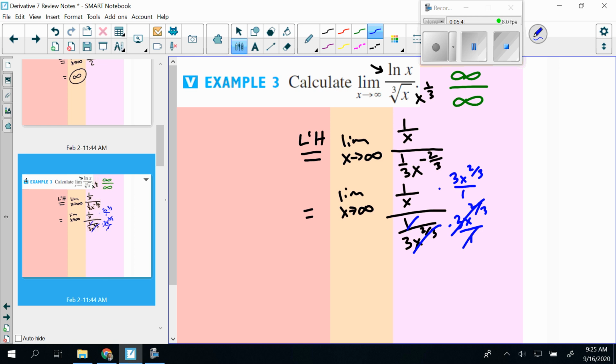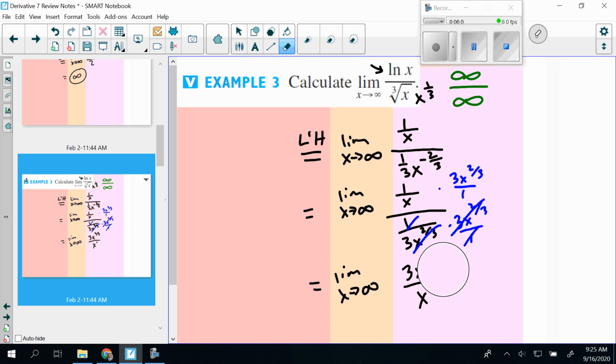What we end up with is the limit as x goes to infinity of, this should simplify, 3x to the 2/3 over just x, or x to the first. Remember you can subtract those powers, so this ends up being the same as 3 over x to the 1/3 power.